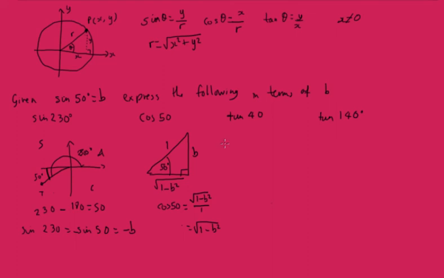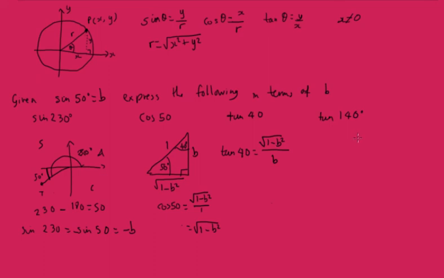Likewise, if we use the same triangle, the tangent of 40, well, let's think about our triangle. This is 90, this is 50. This angle here must be 40 degrees. So our tangent must be 1 minus b squared square rooted all over b.